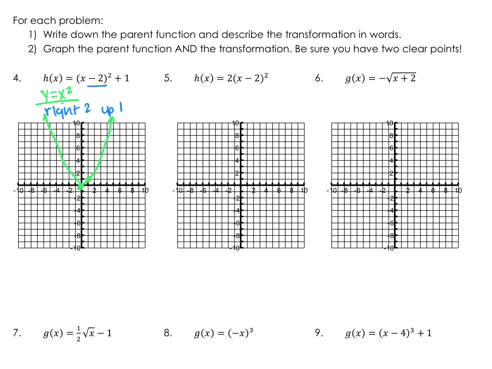So we'll take each point, move it right 2 and up 1. So we'll take this point first, move it right 2, up 1. And then this point next, right 2, up 1. And we have our answer. So this is the answer right here.